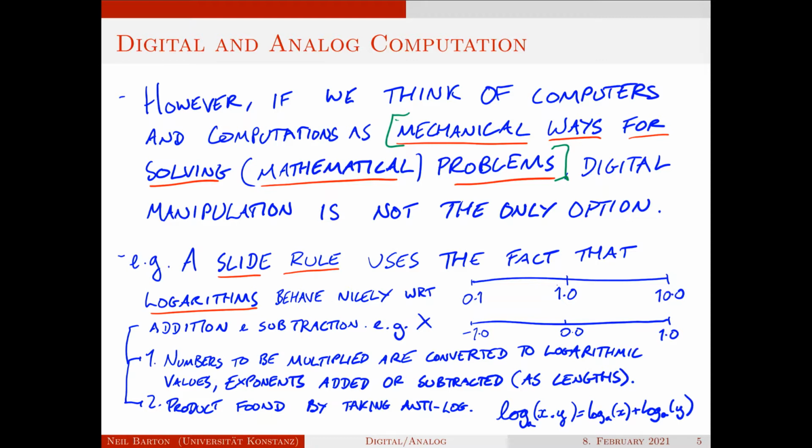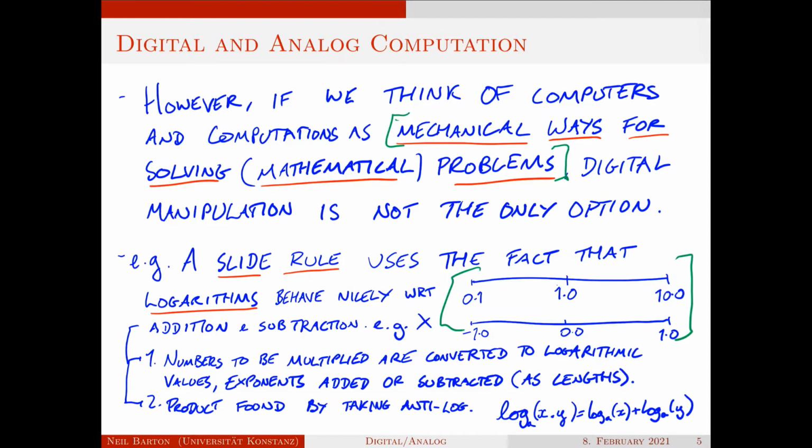In a slide rule, you have various lengths on a logarithmic scale, right? As you can see there. And what we're going to do is, by manipulating various lengths and sliding numbers backwards and forwards, you can match up the different logarithmic scales, and this will correspond to various kinds of operation, right?